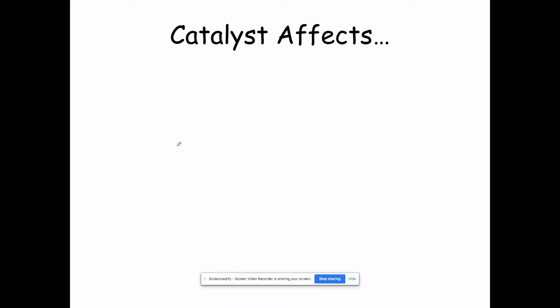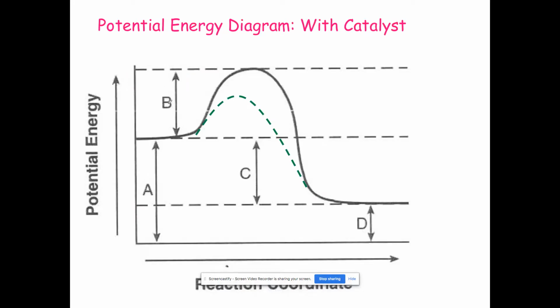We only changed the amount of activation energy, because activation energy here, now look, activation energy with the catalyst. It's less, okay? What else did the catalyst change? Did it change this? Whatever A is? No. Did it change C? No. Did it change D? No.